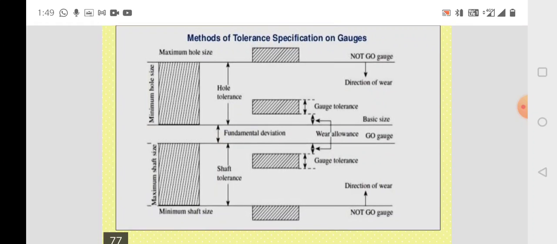This tall shaded region is shown as the total hole tolerance. Now here we can see whenever we are talking of go gauge for a hole, that go gauge should lie within the hole tolerance. So the total tolerance zone of gauge tolerance is typically 10% of the work tolerance.